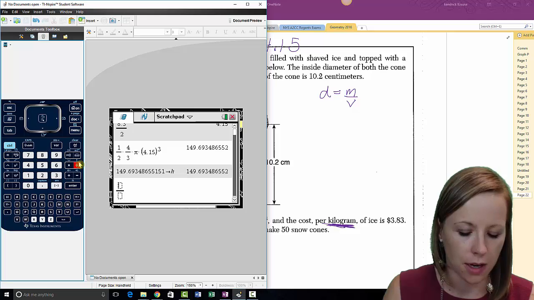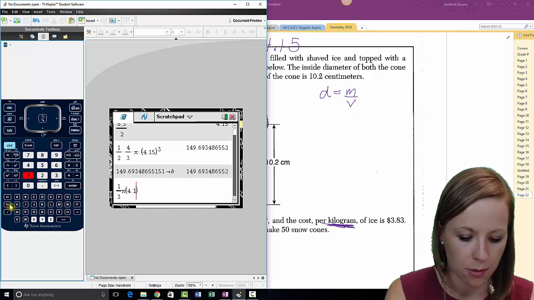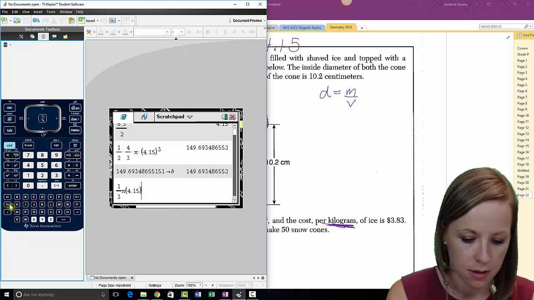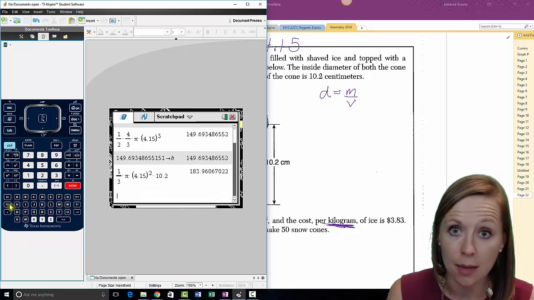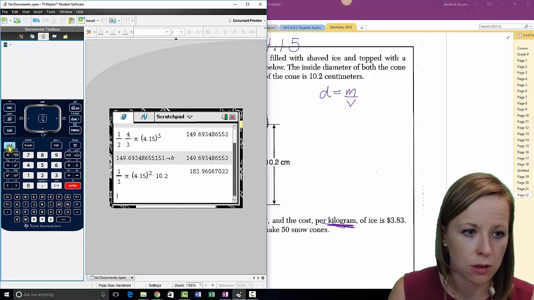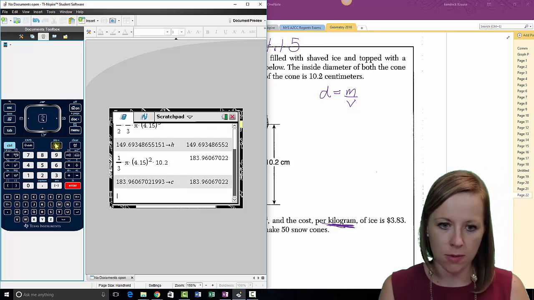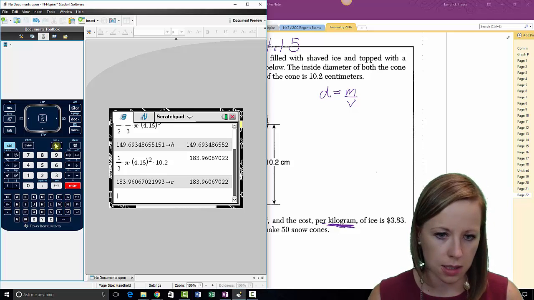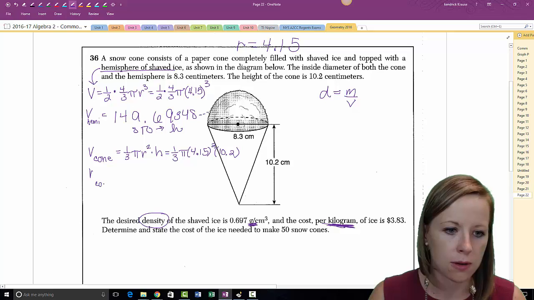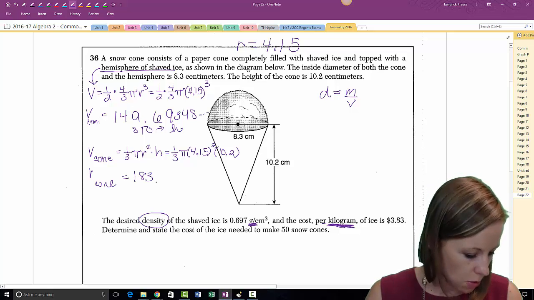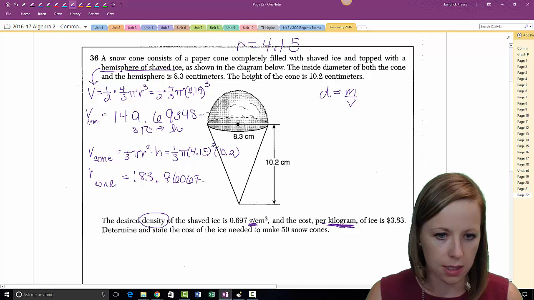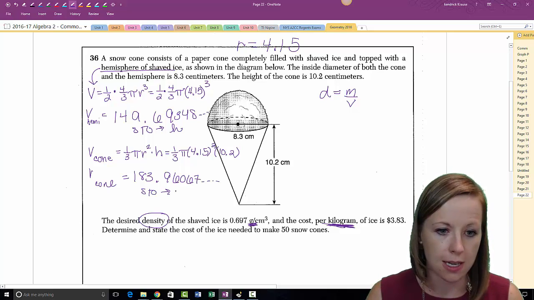Control divide, 1/3 pi, r, 4.15 squared times 10.2. And again, I'm going to store this. Control, store. I'm going to store it for C for cone. How about that? Volume of the cone is 183.96067 and so on. I've stored that for C.